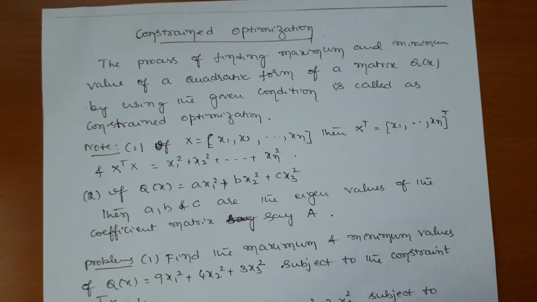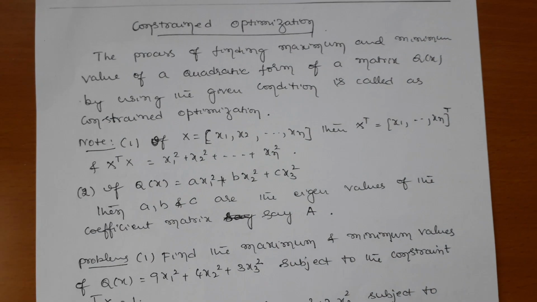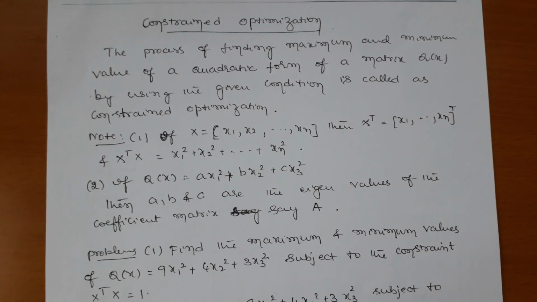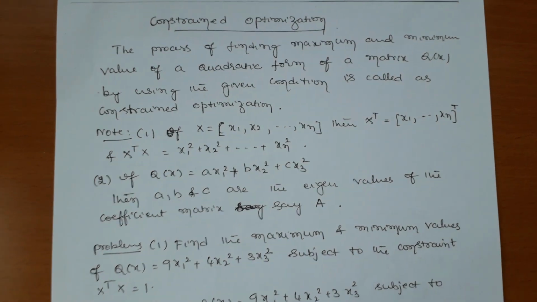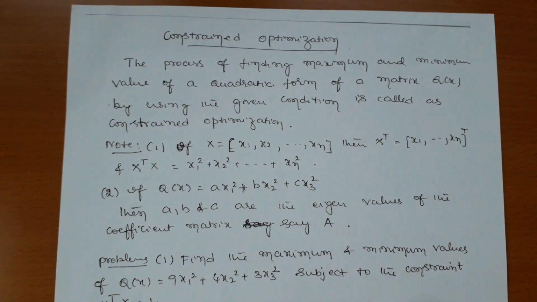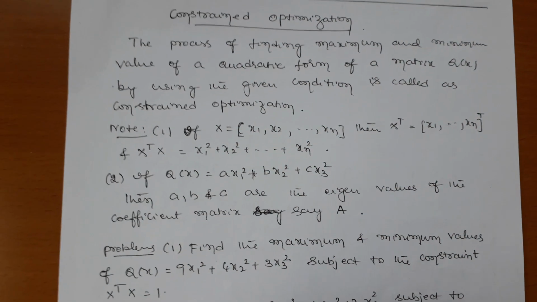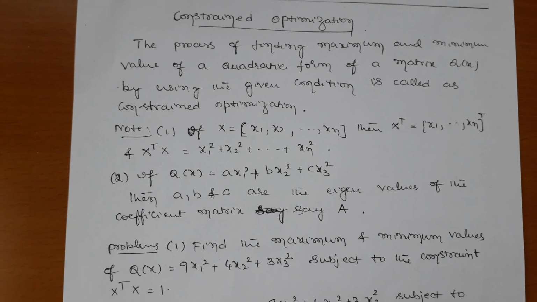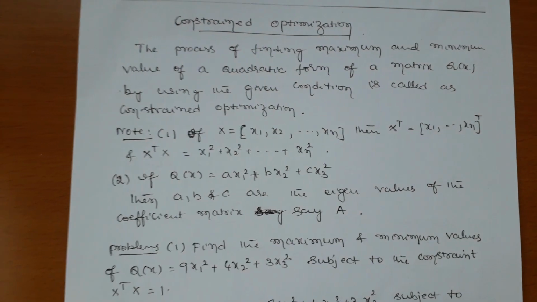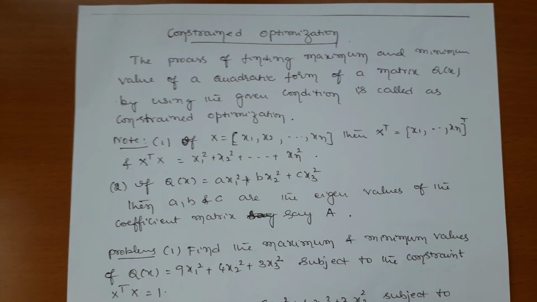Before I wind up, keep in mind, if you open the textbook, for 1 and 2 variables they ask for extremities. Whenever the function involves more than 2 variables, they mention in the problem itself: find the maximum value or the minimum value of x square plus y square plus z square subject to the condition x plus y plus z is equal to a.